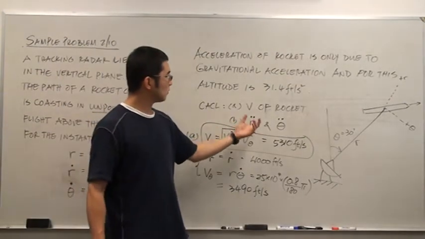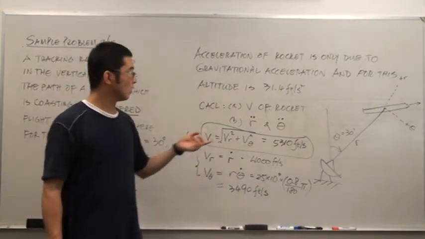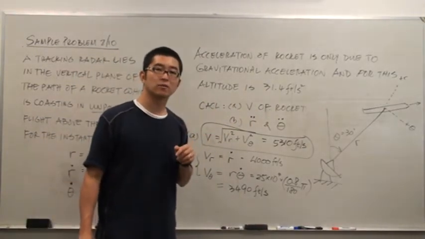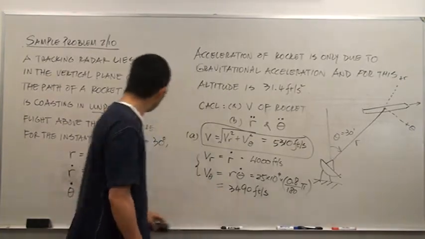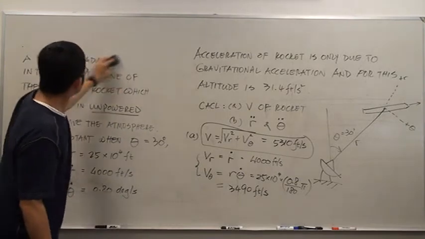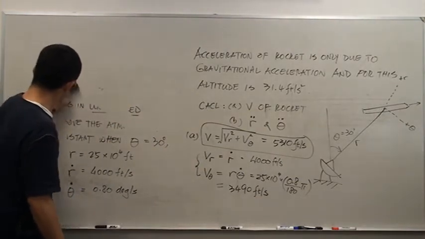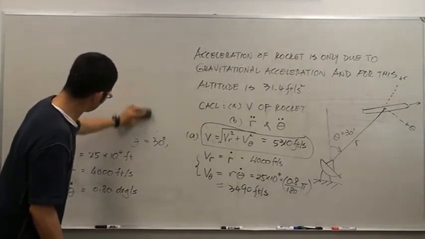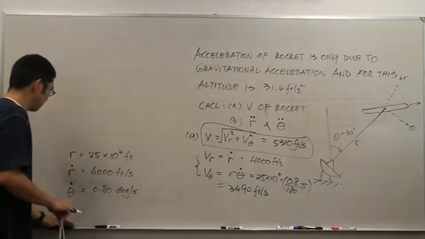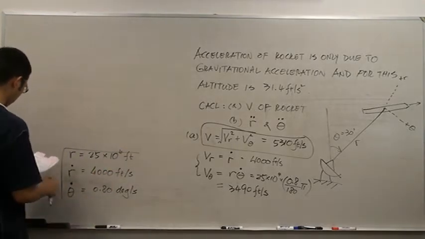For example, they appear in AR, which is the radial acceleration, and also in A theta, which is the transverse acceleration. So we're actually going to look at those in order to calculate R double dot and theta double dot. Okay, we'll leave this here. We have a record of it.